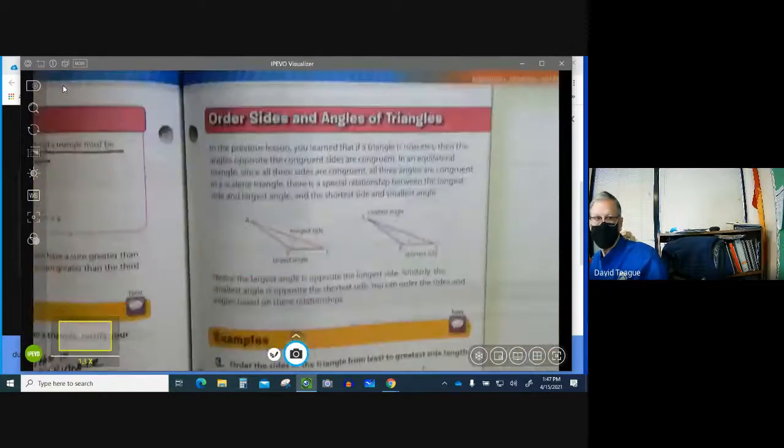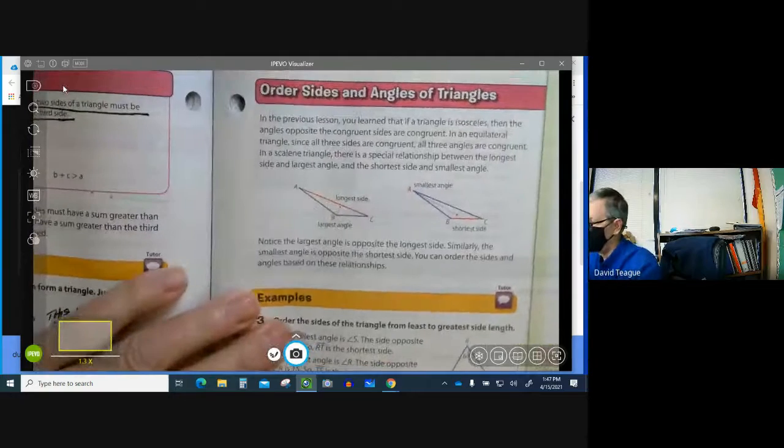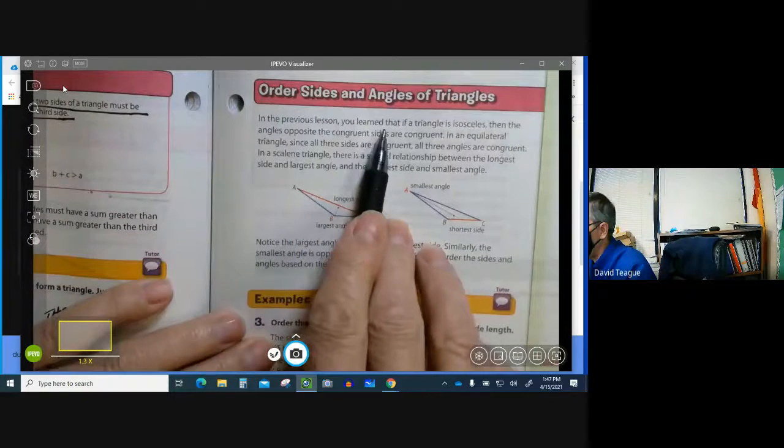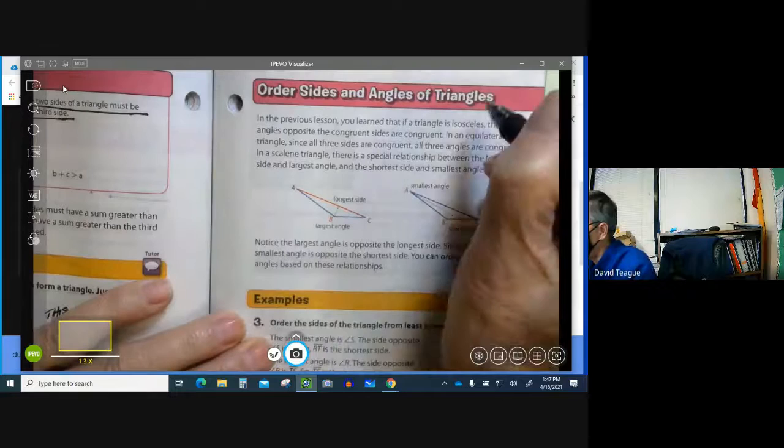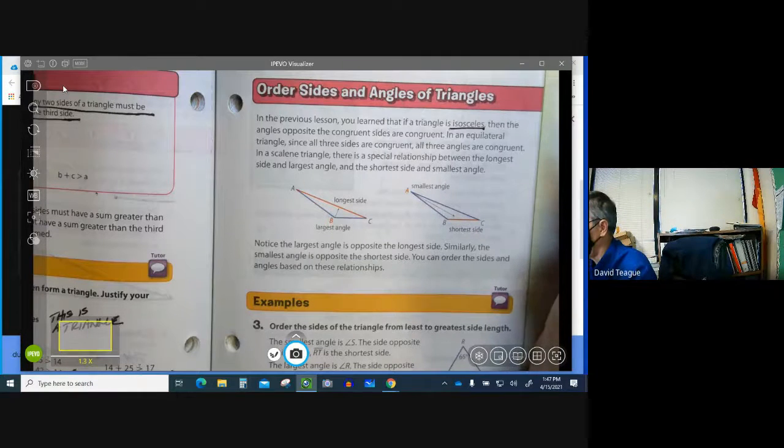Okay, next page. Order sides and angles of triangles. In the previous lesson, you learned that if a triangle is isosceles, right? What's an isosceles triangle? It has two equal sides. Then the angles opposite the congruent sides are congruent.